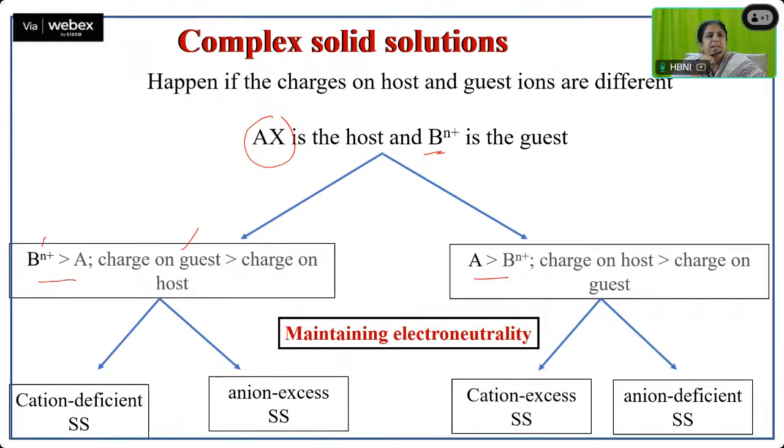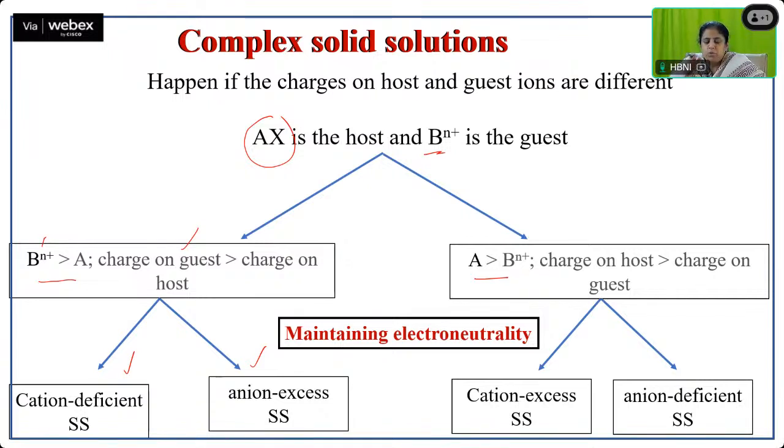So either you decrease the positive charge in your host, that means you are removing some of the host ion, and this is called cation deficient solid solution. Or you increase the negative charge also, that is, you put in extra anions. That forms anion excess solid solution.